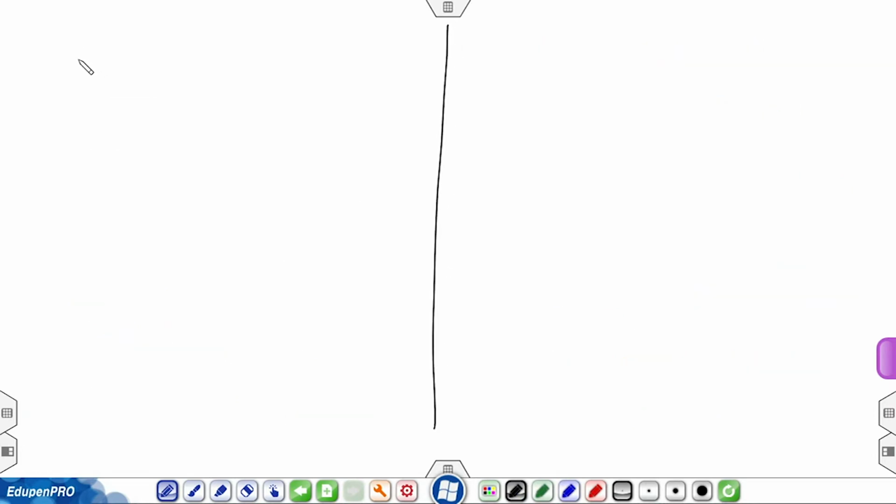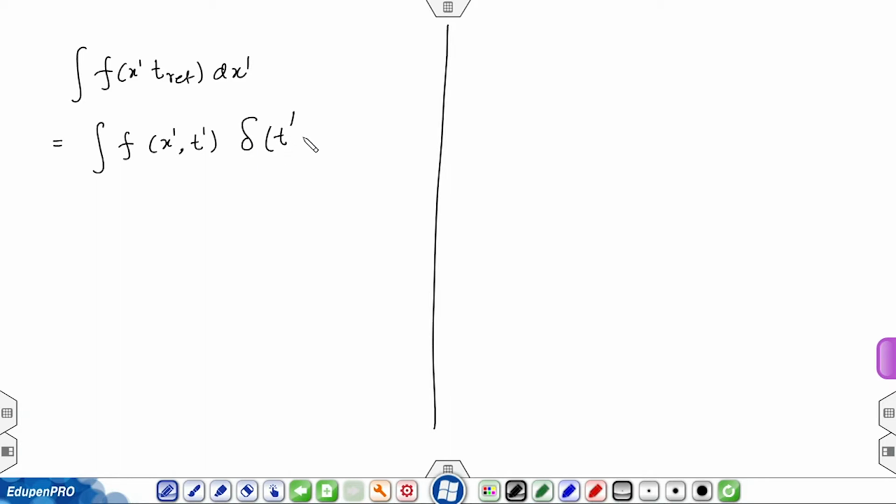I am after this integral of f(x', t retarded) dx', and I am going to write this as the integral of f(x', t') multiplied by delta function (t' minus t retarded) dx' dt'.